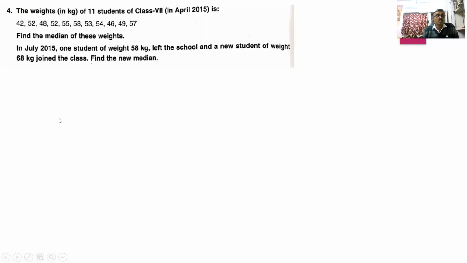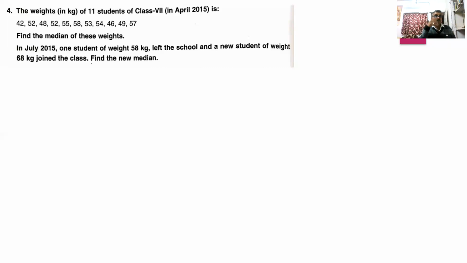The weights of 11 students of class 7 in April 2015 are 42 kg, 52 kg, 48 kg, 52 kg, 55 kg, 58 kg, 53 kg, 54 kg, 46 kg, 49 kg and 57 kg.